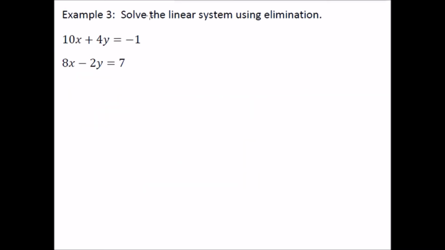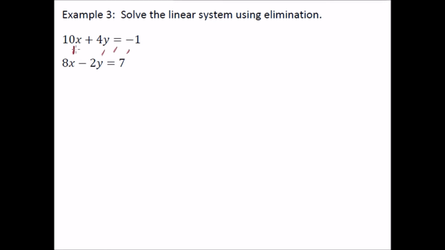Now let's solve this one using elimination. Okay, so we have the x's stacked, the y's stacked, and then we have the equal sign and then the constants. So both of these are in the same order, so that's good. Okay, this one's a little bit different. 10x and 8x are not the same. 4y, 2y are not the same. And then the constants don't matter.